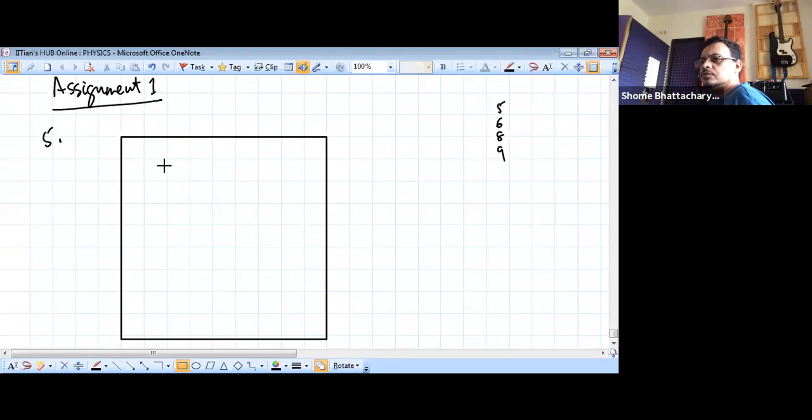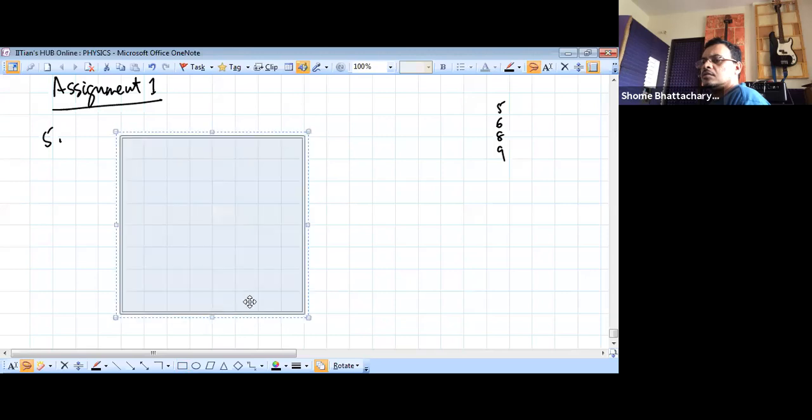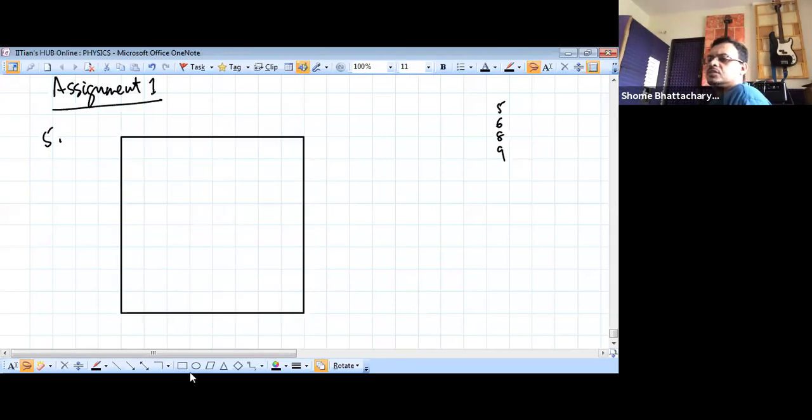Okay, so just try and draw it better still. Okay. So suppose this is the carom board.